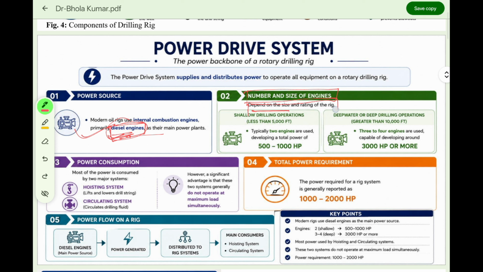I will discuss the meaning of rating also, so don't worry. Rating is how much compressive load the rig can sustain.